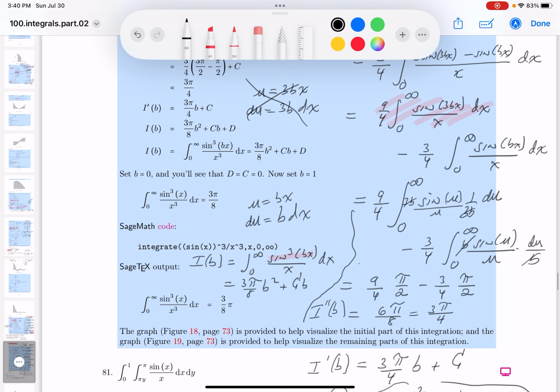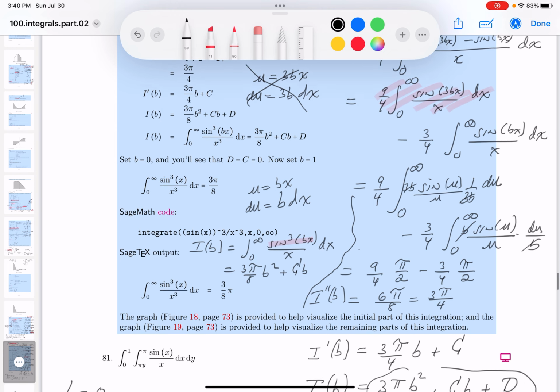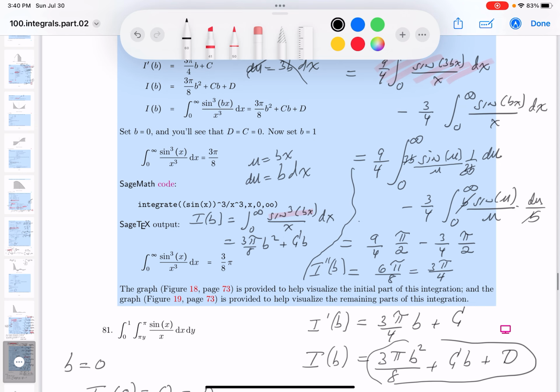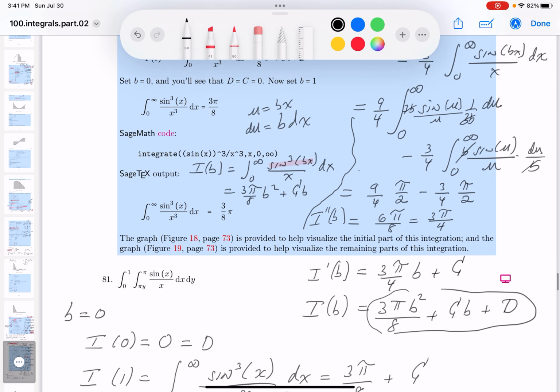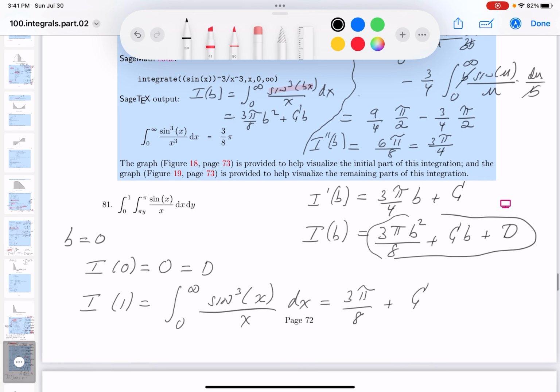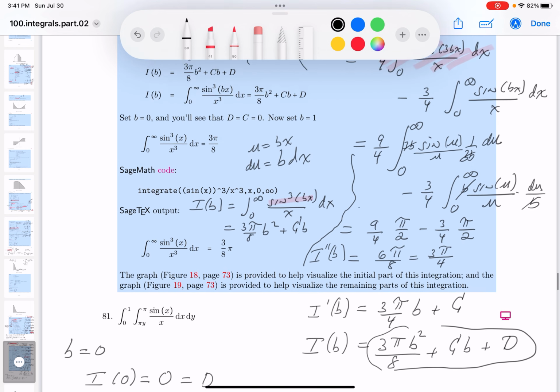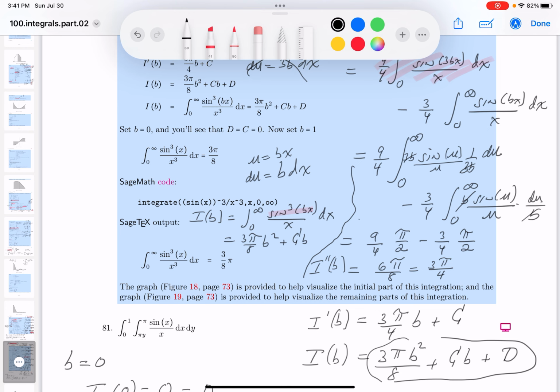And let's take a look. Maybe I know the C already. Let me think about that. Oh, I'm sorry. I selected the B to be 0, so let me just see if I said that right. IB equals this thing.